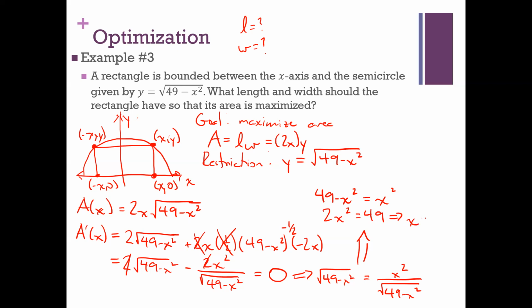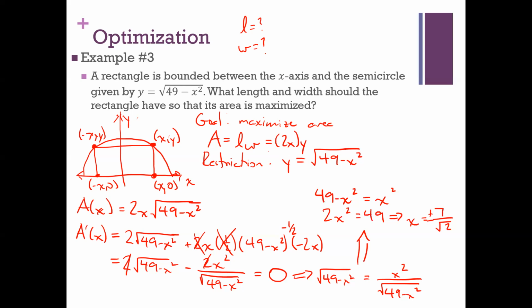And finally, x equals plus or minus 7 over radical 2. Are we okay with that x value?